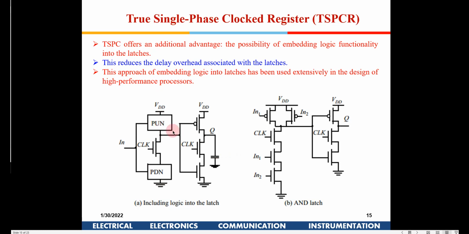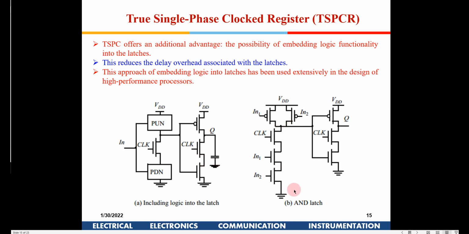For example, for a positive latch, here you can put a pull-up network, and you can put a complementary pull-down network. So for the same delay, instead of having a latch and then a combinational circuit, this is a mix and match of a latch plus a combinational circuit. So it saves a lot of space and time, right?